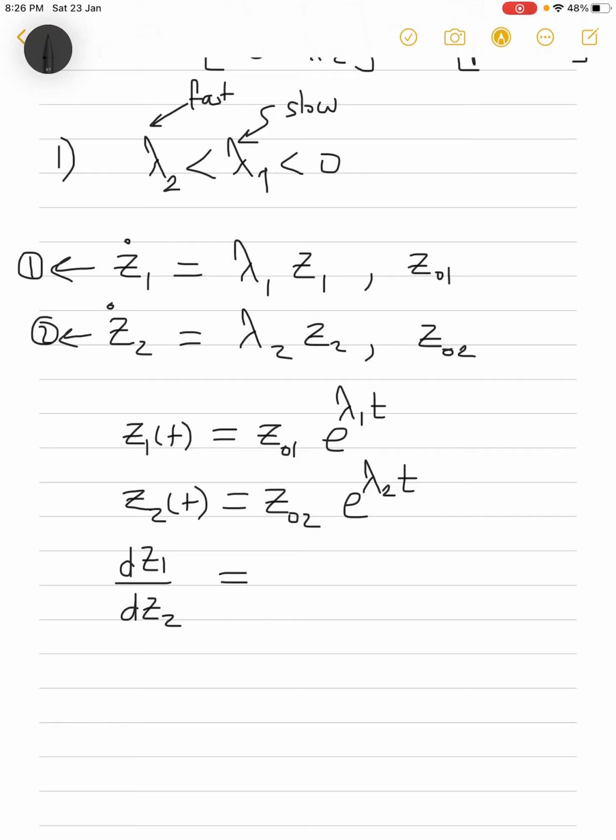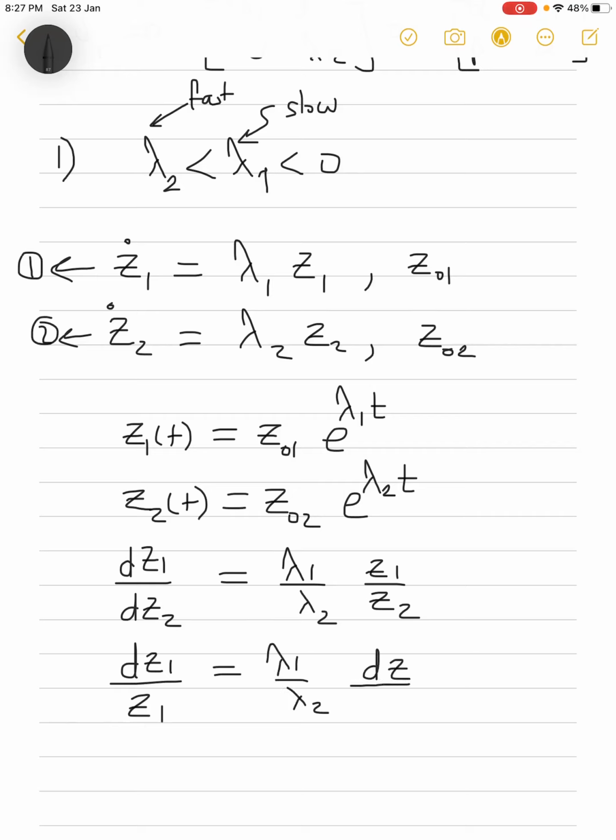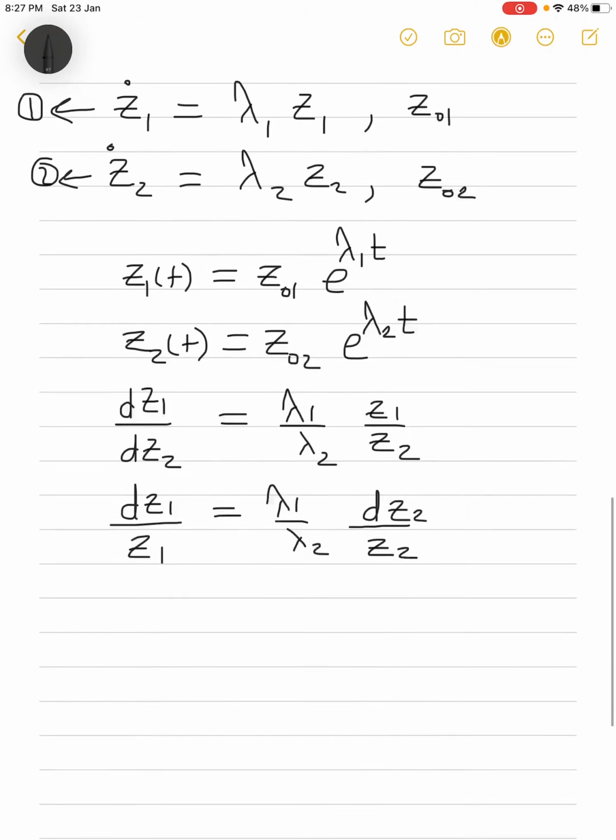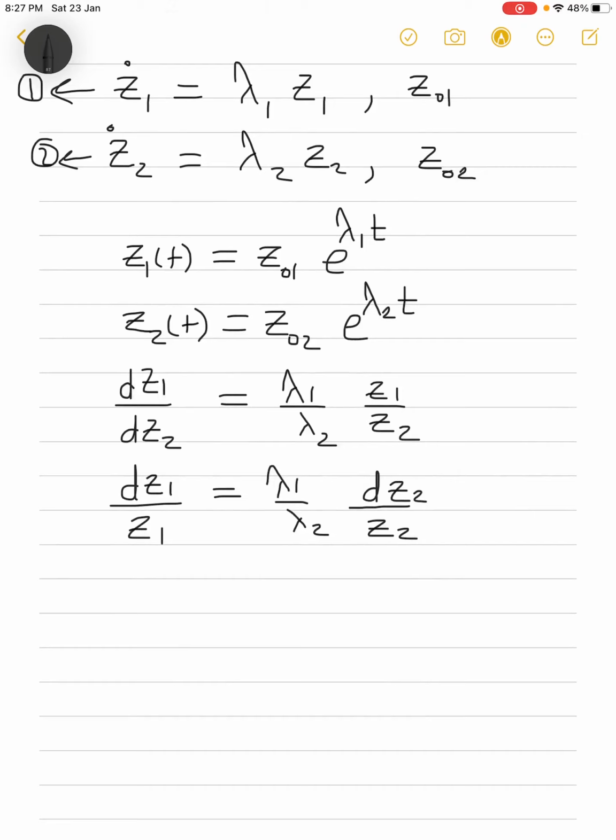That would be equal to lambda 1 over lambda 2 times z1 over z2, and that would lead to dz1 by z1 equals lambda 1 over lambda 2 dz2 by z2, and we can integrate both sides of the equation to obtain a solution.